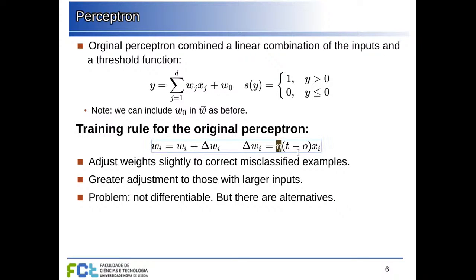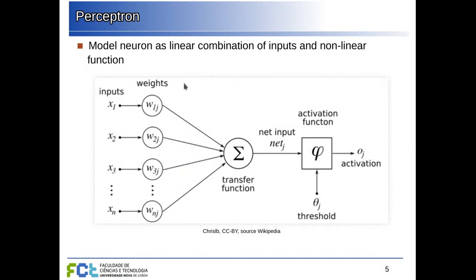We would multiply that by a small fraction, for example 0.1 or 0.2, so that we wouldn't give large jumps. And multiplying this term by each of the inputs would give us the adjustment to the weight corresponding to that input. So basically this rule would tell us to adjust the weights every time the output was wrong, and in the direction necessary to make it closer to right.